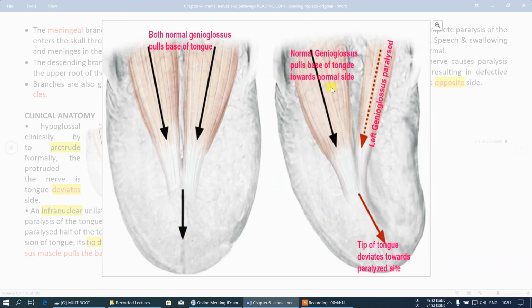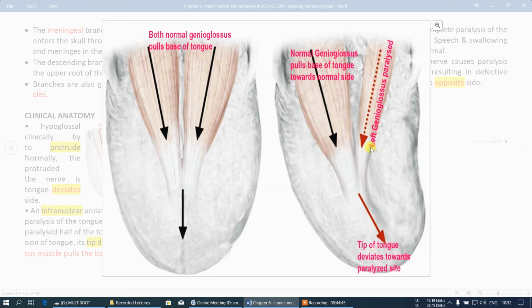But in case of paralysis, in this diagram, the left genioglossus is paralyzed. If the left genioglossus does not work, then this vector is not working and this vector is dominating. So the normal genioglossus of the right side will push the tongue to the opposite side.